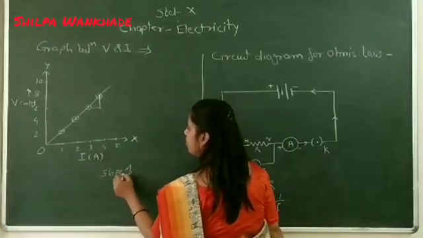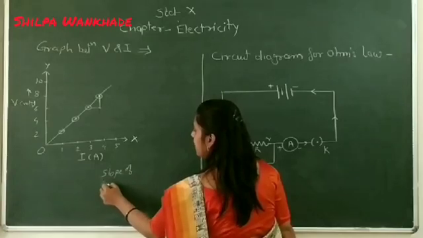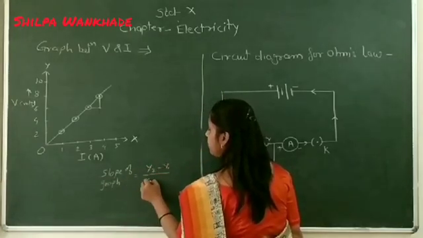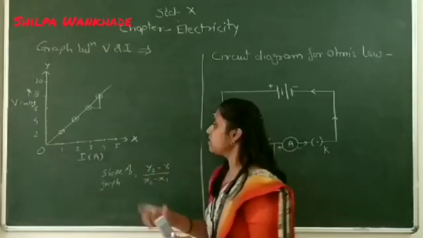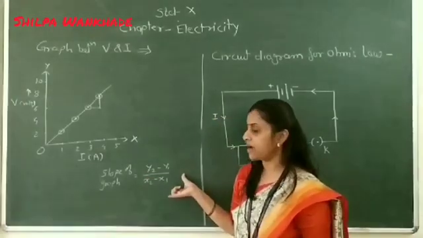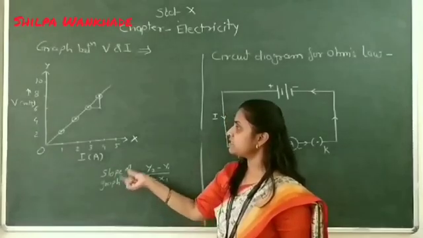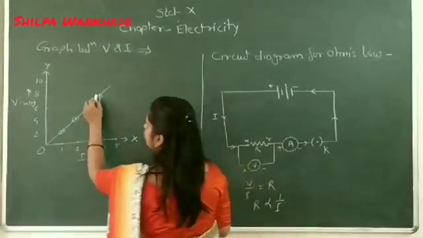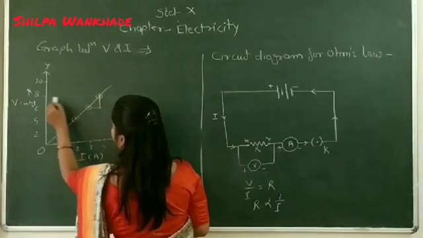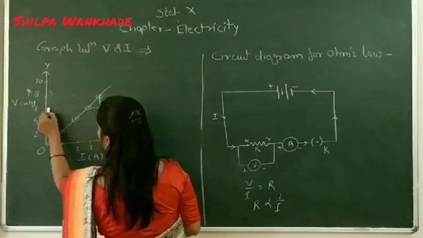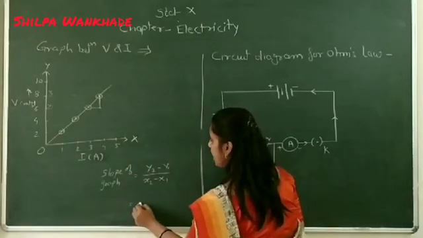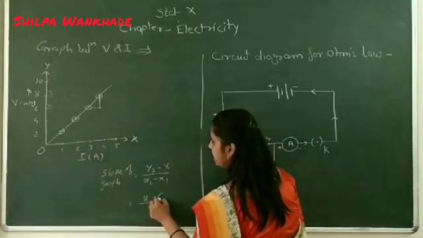The slope of the graph is equal to y2 minus y1 upon x2 minus x1. By this formula we can easily find the slope of the graph, that is, we get the resistance. So what is y2? This is y2 and this is y1, because these are the values on the y-axis. So y2 minus y1 is 8 minus 6.